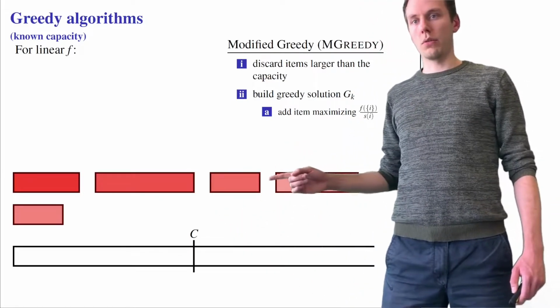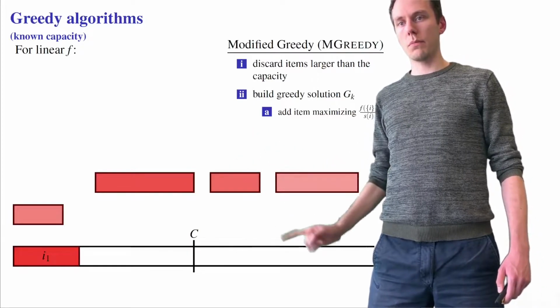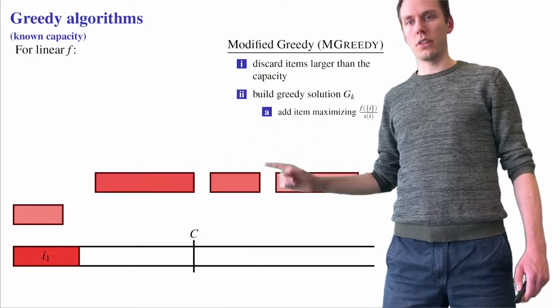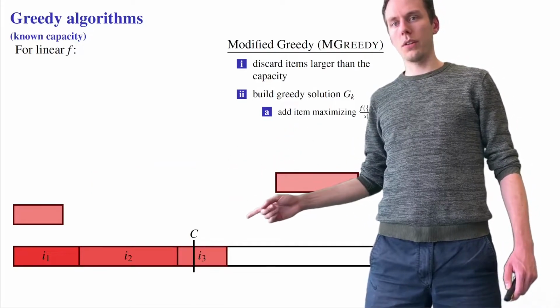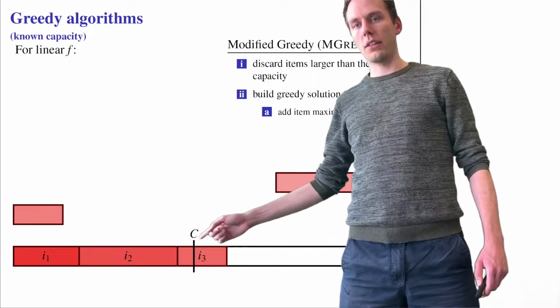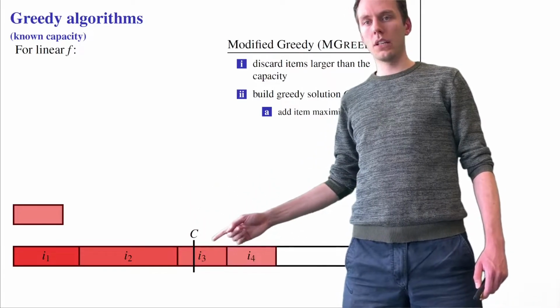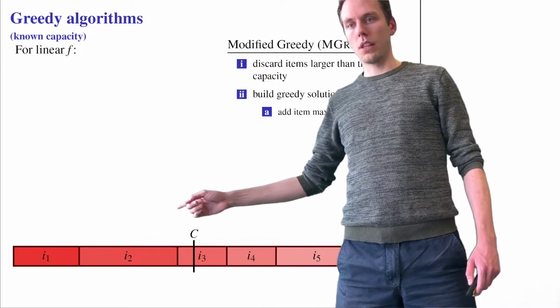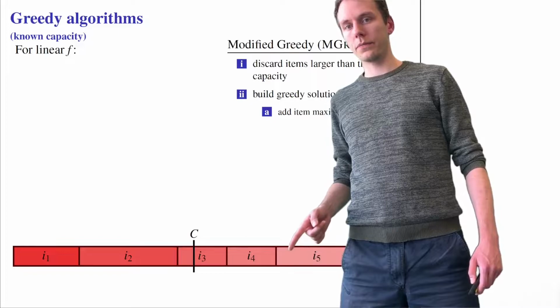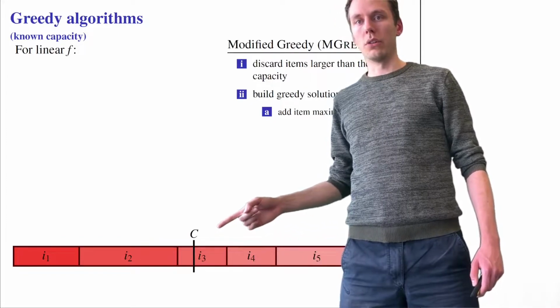So the greedy algorithm starts with the left item, and then continues to add more items based on the density, I2, I3. You see that we name the items by the order in which they are added to the knapsack, so that we have all items listed from I1 to I5. This is what we call the greedy order.